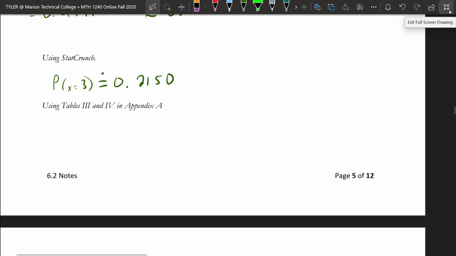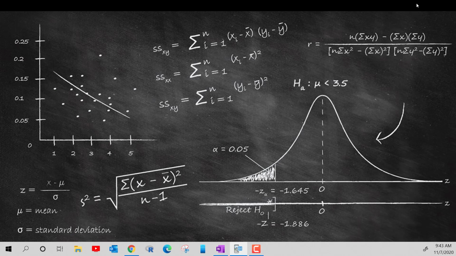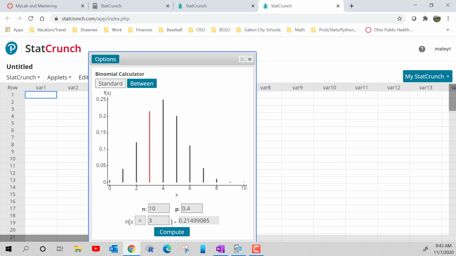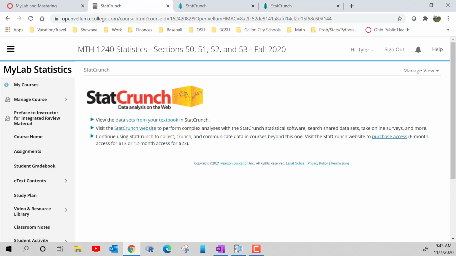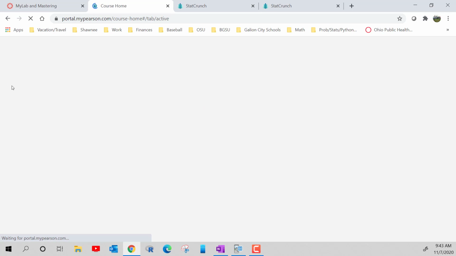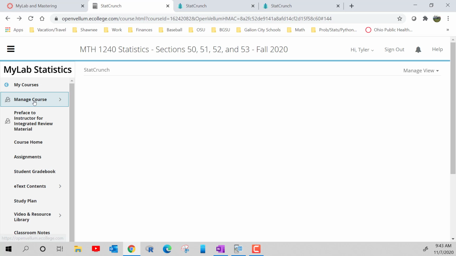All right. So now, what I want to show you is how to find this probability using a table in your text. Oops, didn't mean to go to my courses.